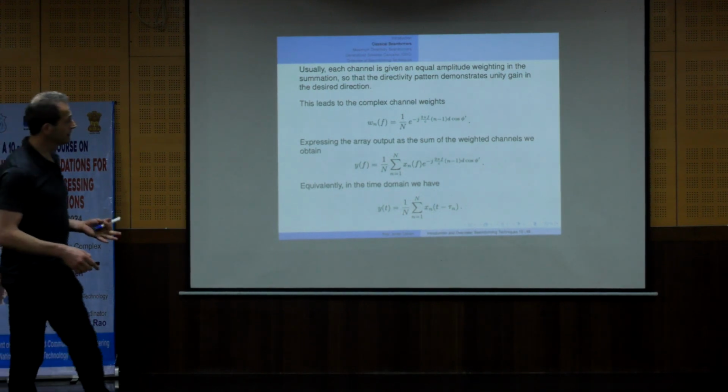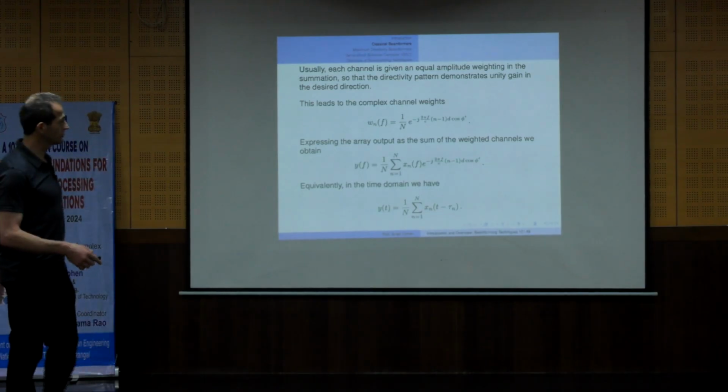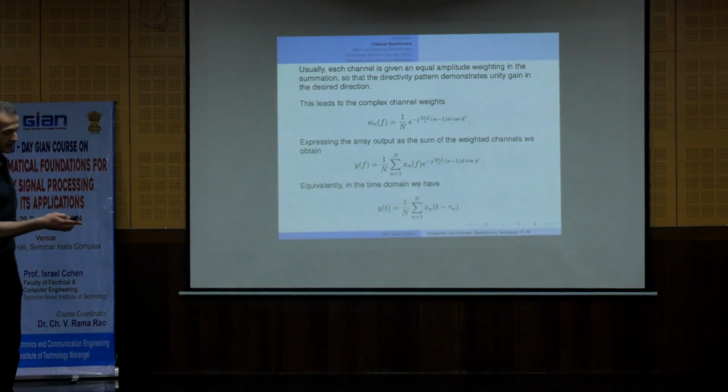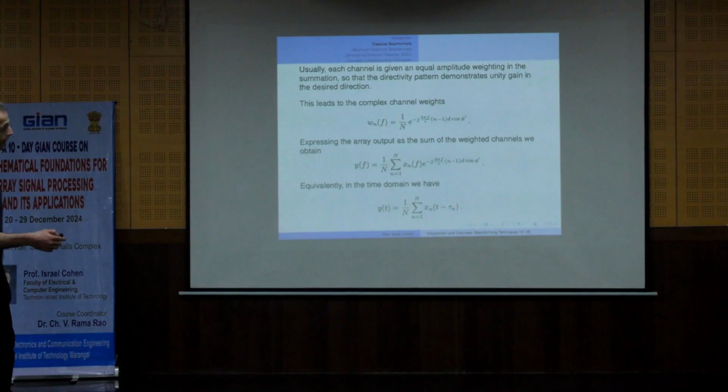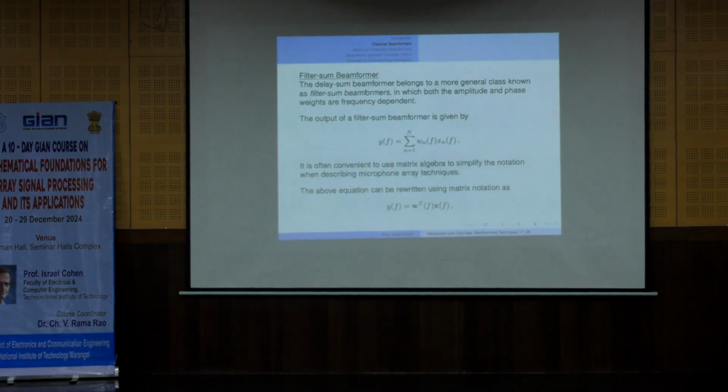So you can ask, okay, why do we change only the time for the delay? Maybe we change also the magnitude of these weights, and then we call it filter and sum. So in general, in a filter sum beamformer, we can choose any weights like here, which includes magnitude and phase.